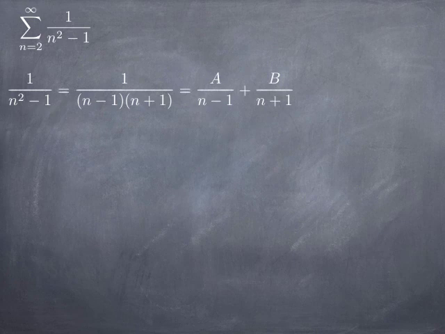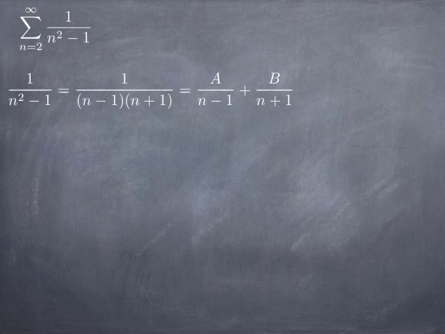So 1 over n squared minus 1, the bottom factors as n minus 1 times n plus 1, which means that the decomposition into partial fractions has the form a constant over n minus 1 plus a constant over n plus 1. And since we have only non-repeated linear factors, we can use the cover-up method. And therefore, it's easy to find a and b.